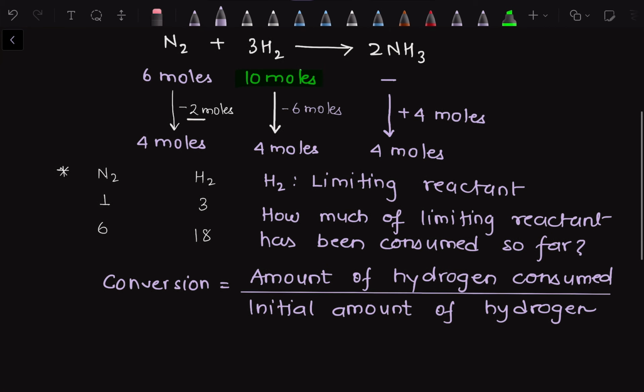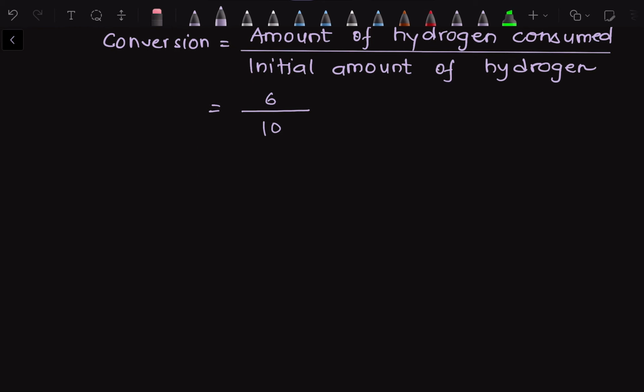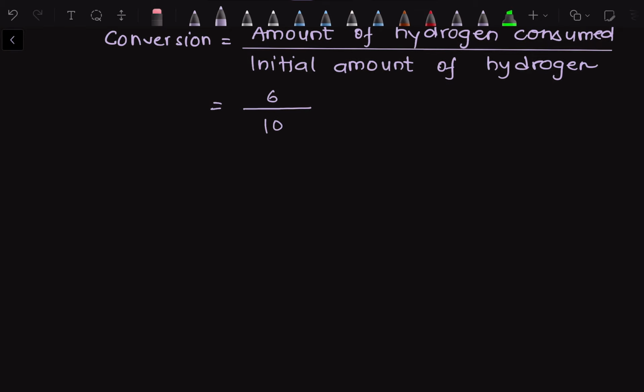So we can see that initially there were 10 moles of hydrogen, and out of this 10 moles, 6 moles have been consumed, and hence the conversion for this reaction will be 6 upon 10. We can also express this conversion in terms of percentage by multiplying it by 100, and hence let us move onwards and write the general definition of conversion.